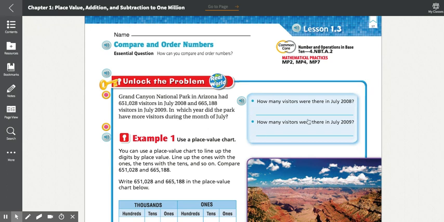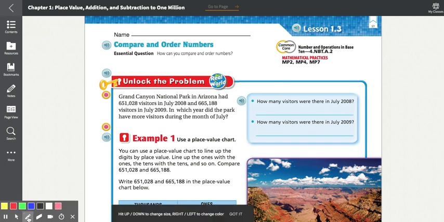Okay, let's see. We have two questions here that we must fill in. How many visitors were there in July 2008? Okay, if I look back here, there were 651,028 visitors in July 2008.